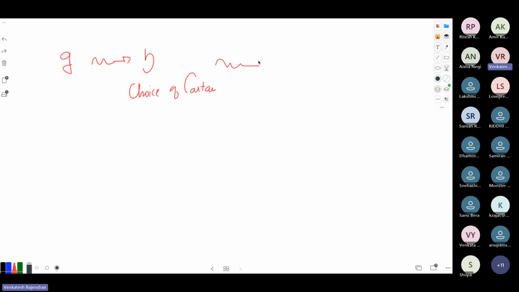Then from here you go to the root space decomposition. Then you observe some of the things. For example, the dimension of G alpha is 1 for all alpha.